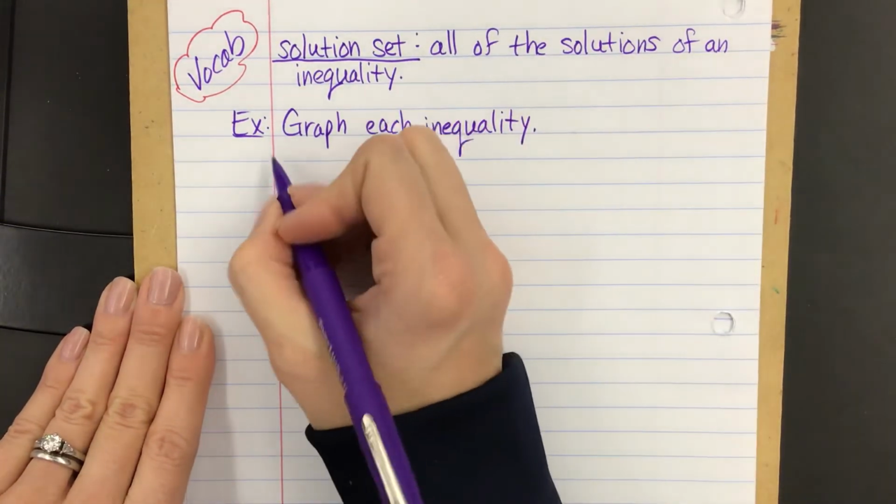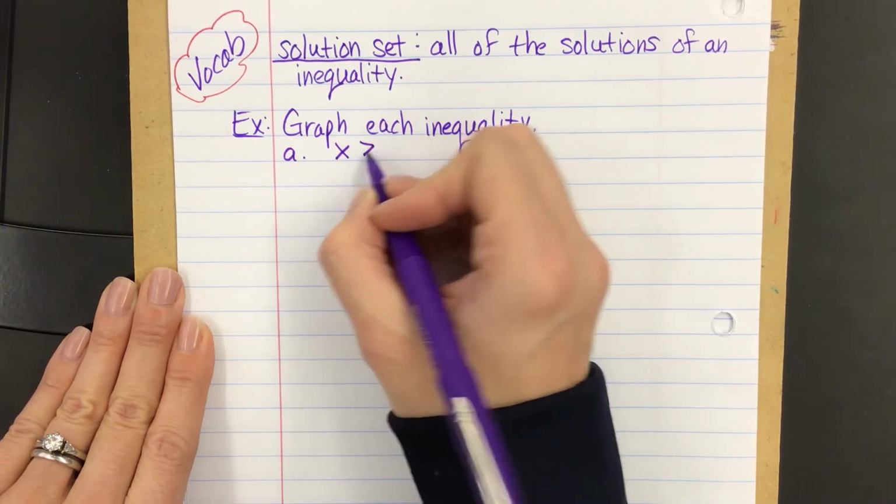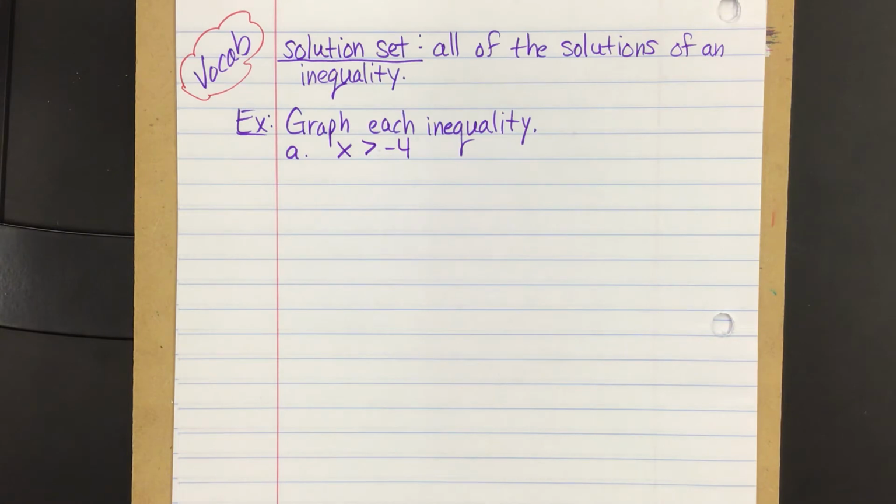Let's take a look at this first one. We're going to say that x is greater than -4. If you look at my number line up here, -4 is right here. This is not an equal to one, so -4 is not actually a solution. You can't plug in -4 for x, because -4 is not greater than -4.